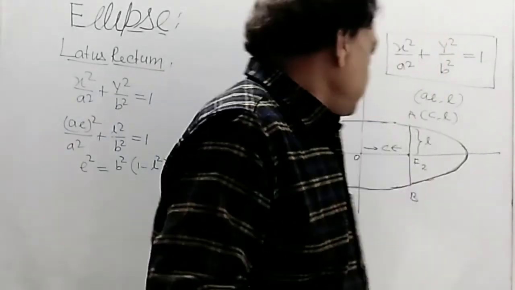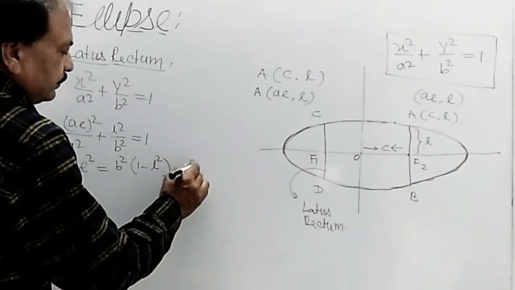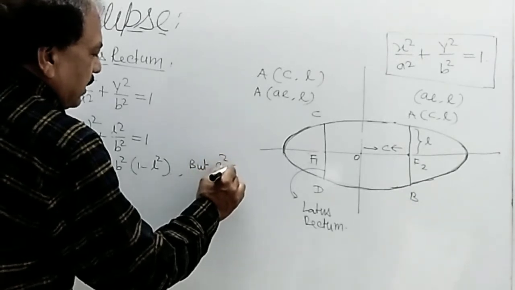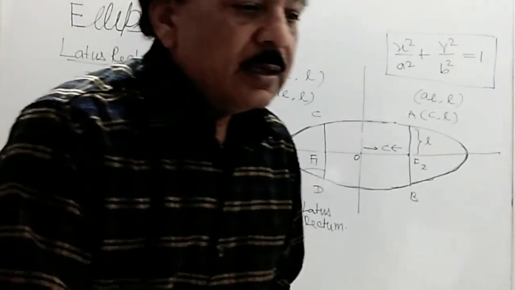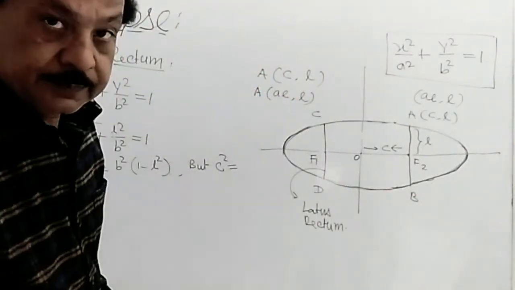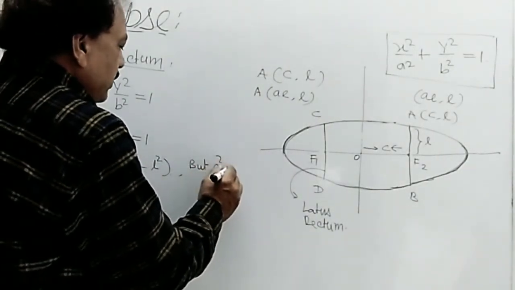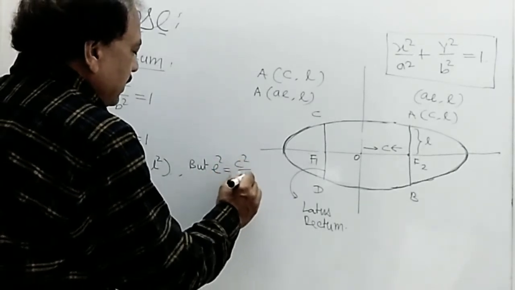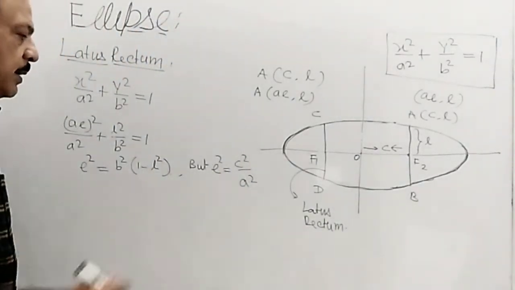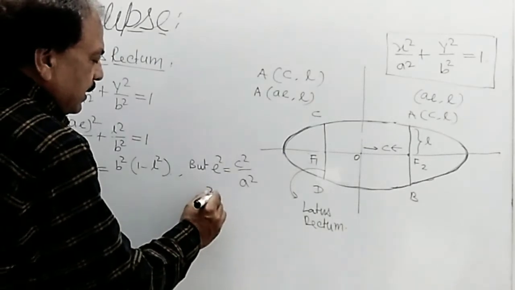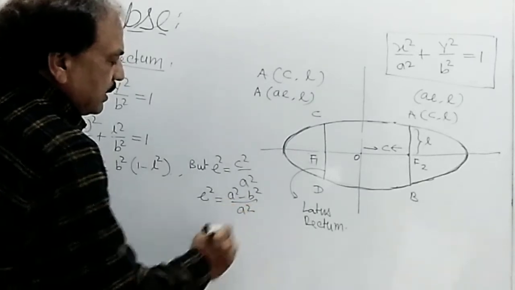But here you know that e square equal to c square by a square, that is e square equal to a square minus b square by a square.